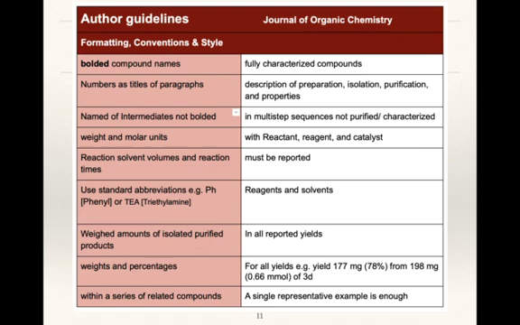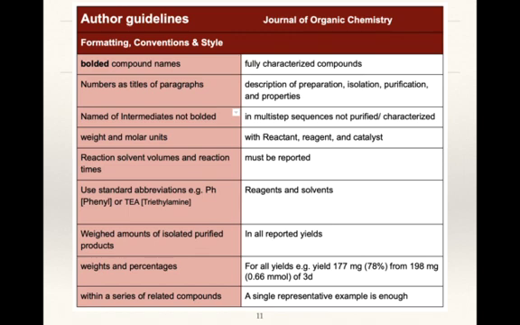Let's have a look at the author guidelines in an inorganic chemistry journal. For example, here, as you can see, there is a considerable amount of specificity in a journal like this. For example, fully characterized compounds should have bolded compound names and structure numbers as the titles of the paragraphs in which their preparation, isolation, purification, and properties are described.